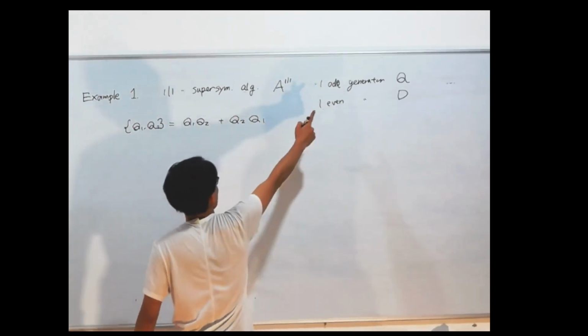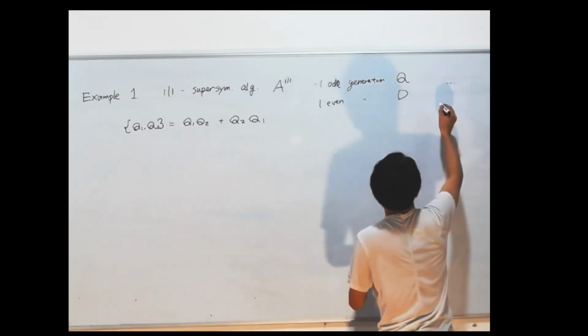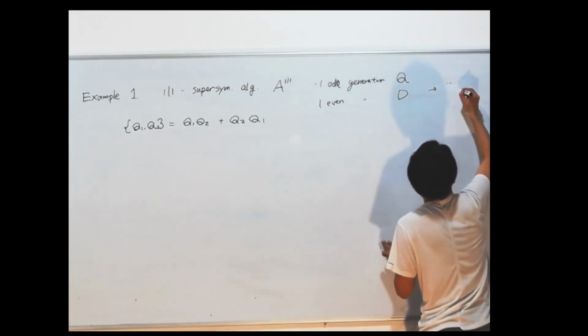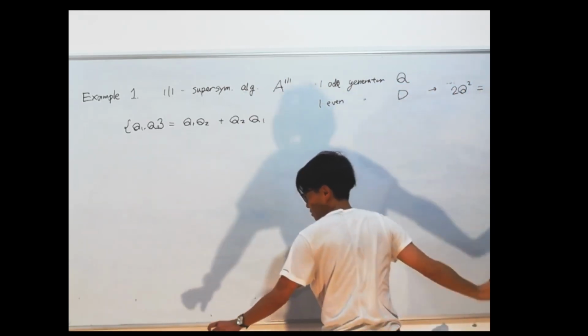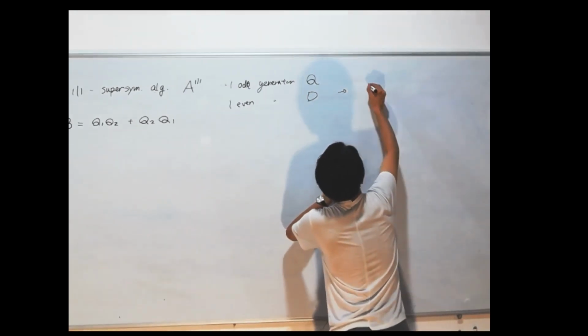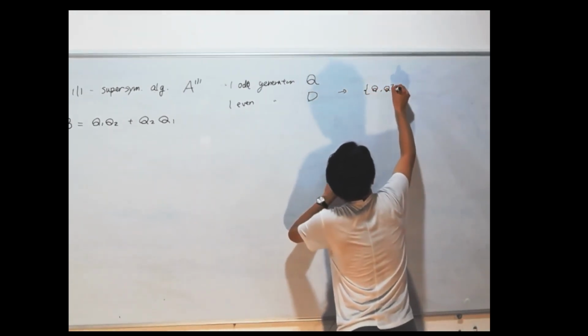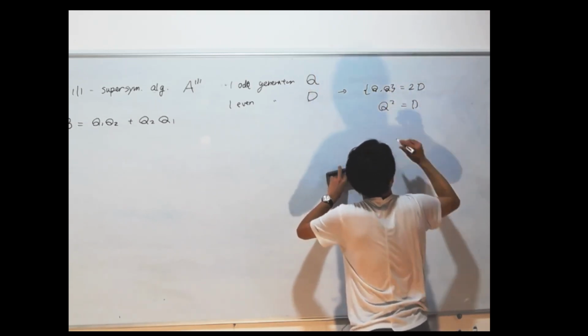And in this case, we have only one generator, so we actually have only one Q. And this satisfies basically QQ is 2D. This is the equivalent of saying that Q square is D. Oh, sorry, D.